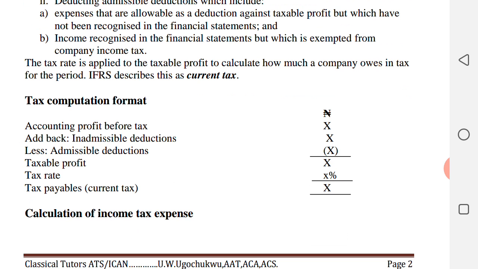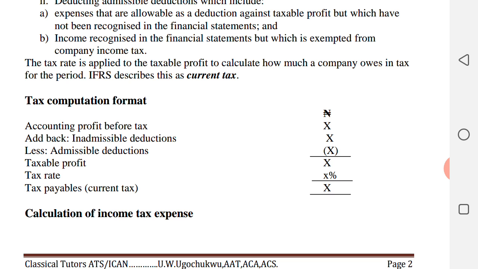You will add back inadmissible deductions, that is, disallowable deductions according to your tax laws. Like depreciation must be added back, and general provision must be added back. Then you will less admissible deductions.